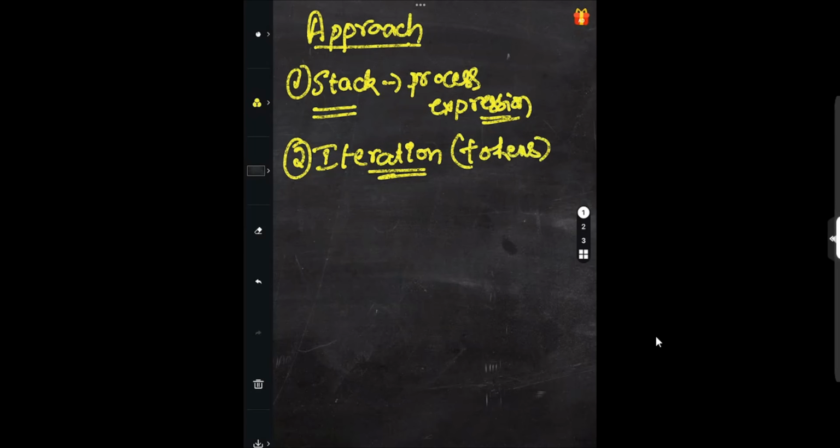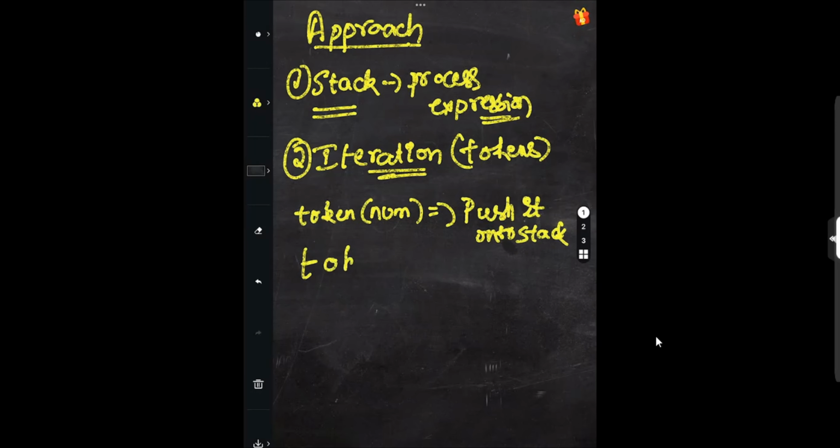The first thing we need to consider within the iteration is: if the token is a number, then what will we do? We will push it onto the stack. This is fine. And what if the token is an operator?